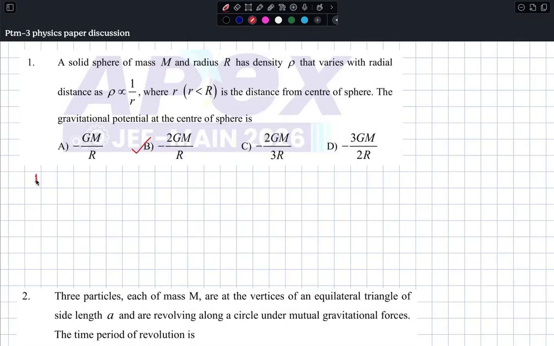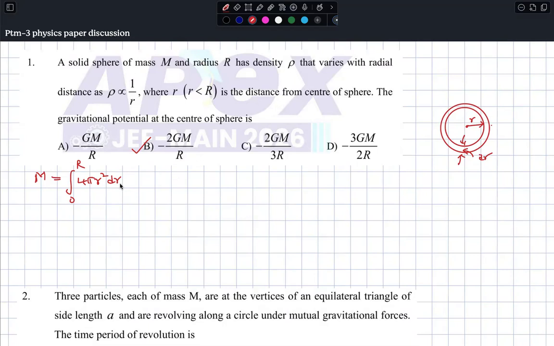So how to find the mass part? M is given as integral 0 to r. Like you are taking, suppose, a shell of radius r and a thickness dr. So this is 4 pi r square dr into rho.